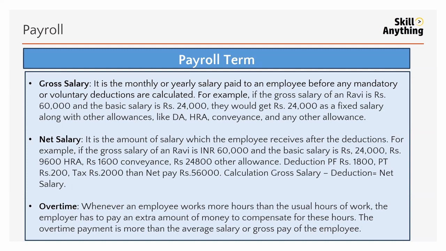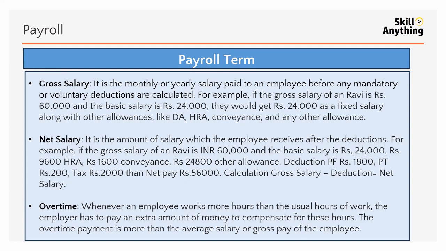This is the gross salary. From this gross salary, we deduct some deductions like PF, 1,800 for Ravi, PT 200, and tax, meaning TDS, 2,000. After that deduction, Ravi is getting 56,000 as in-hand salary or net pay. So the calculation of net pay is gross salary minus deduction equals net salary.